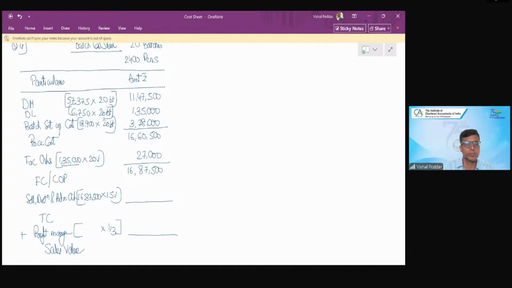1,687,500. He's saying it is 253,125. Apurva says 253,125. Ishan says the same.